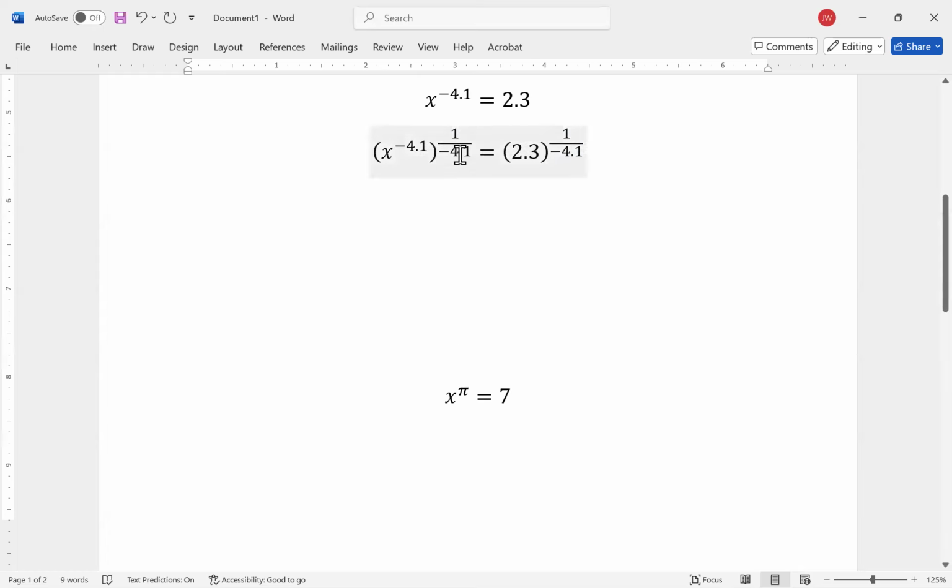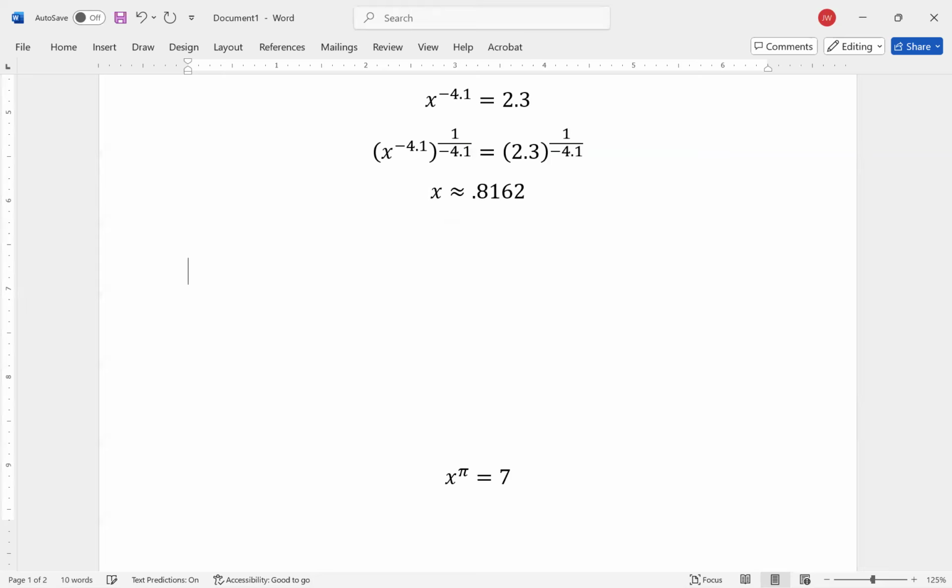But when I do that, 1 over negative 4.1 times negative 4.1 just gives me a 1. That's just x on the left. On the right, I'd have to utilize my calculator. When I utilize my calculator, I get approximately 0.8162, rounding to 4 decimal places. So that's one way to do it.